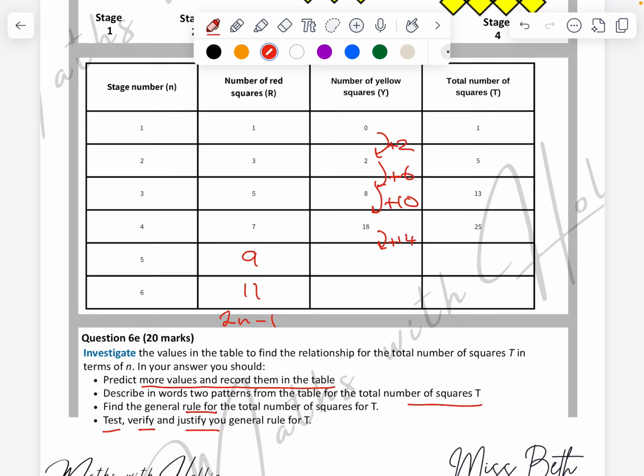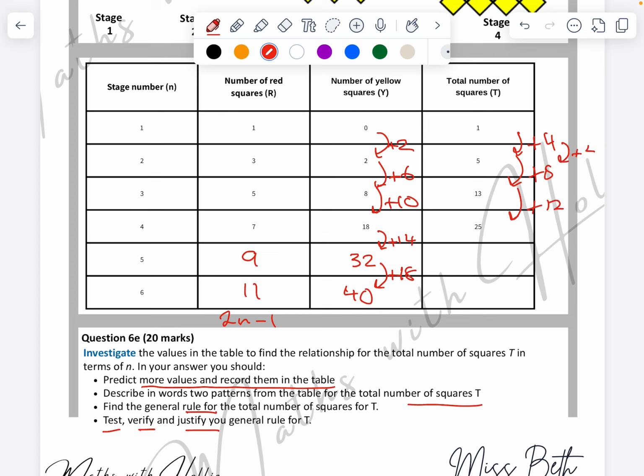So I need to add 14, which is going to give me 32, and then add 18, which is going to give me 40. The next one is plus 4, plus 8, plus 12.